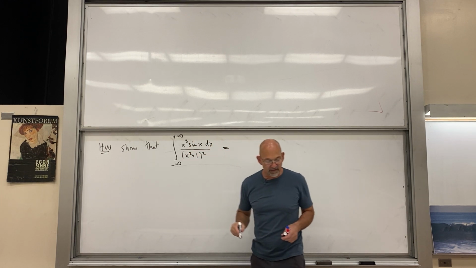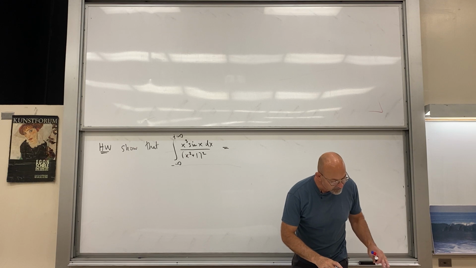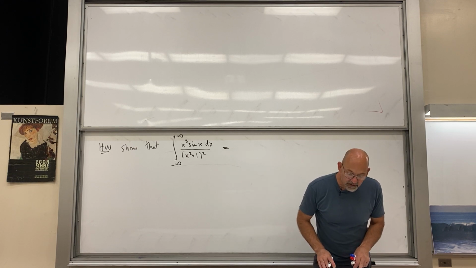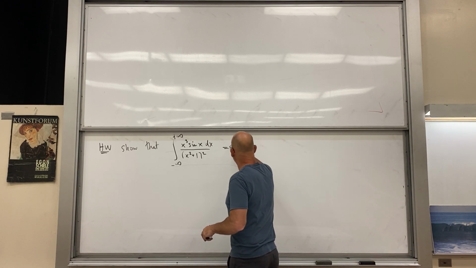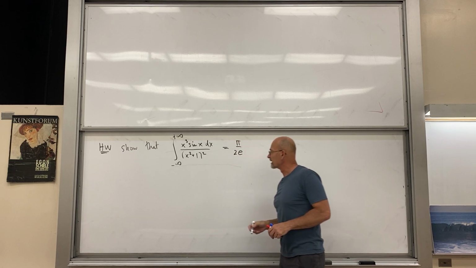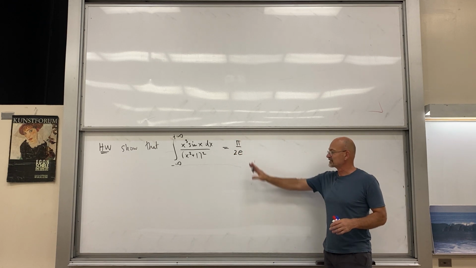I'll even put the answer there right away. So I've got it all here. I'm just going to give you pointers. That is pi over 2e. Pi divided by 2 times e. Yeah, that's a great answer just because it has pi and e in it.